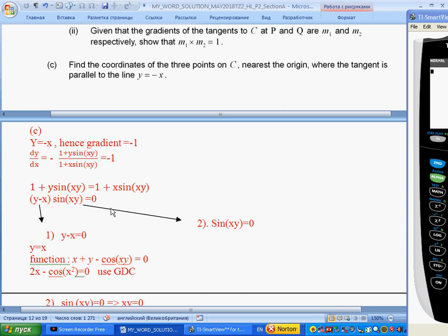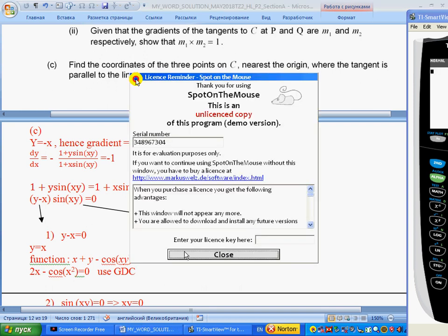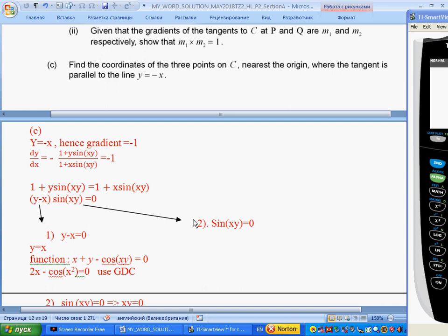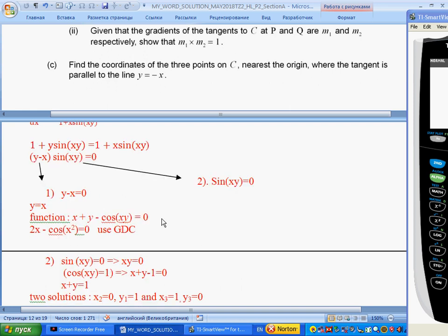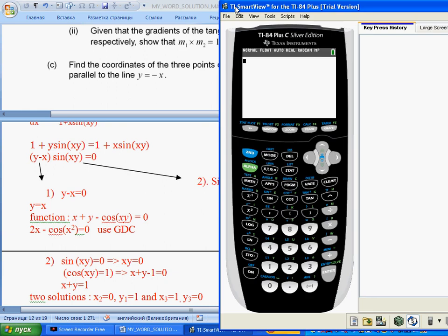We rearrange this formula and we get either y minus x equals 0 or sine xy equals 0. So if y minus x equals 0, y equals x, the function itself is like this, so we have this expression, and we should find the solution from the graphic calculator.